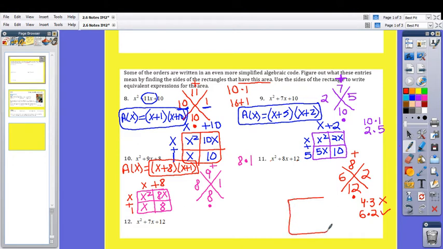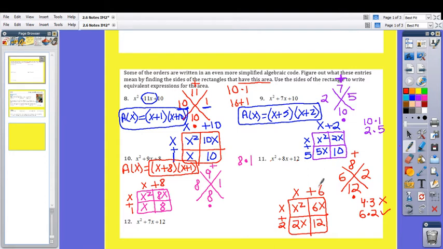Now let's make our box. So this is our x squared, this is our 12. 8x we will split as 6x and 2x, so 6x and 2x. So this is x and x because together they will give you x squared. If this is x, this has to be 6, and if this is x, this has to be 2 because 2 times x gives you 2x.